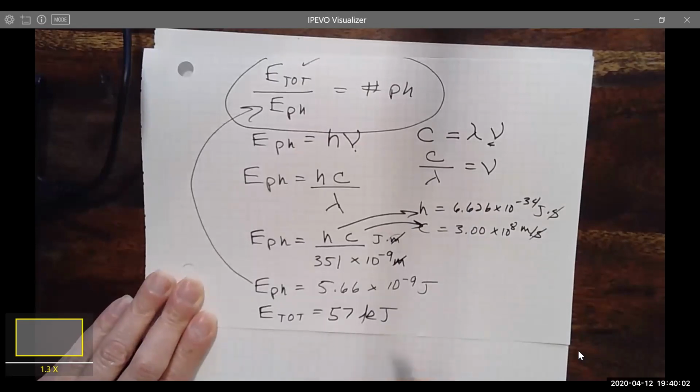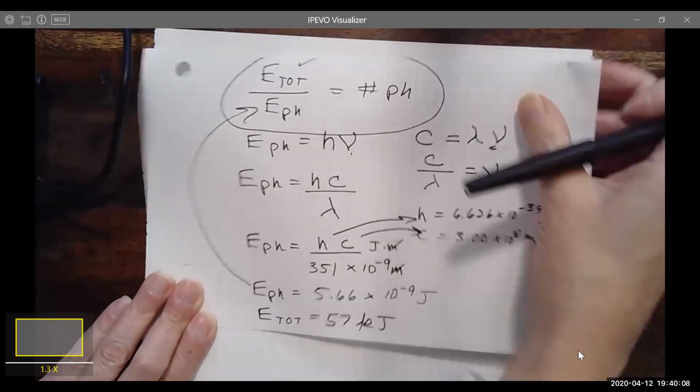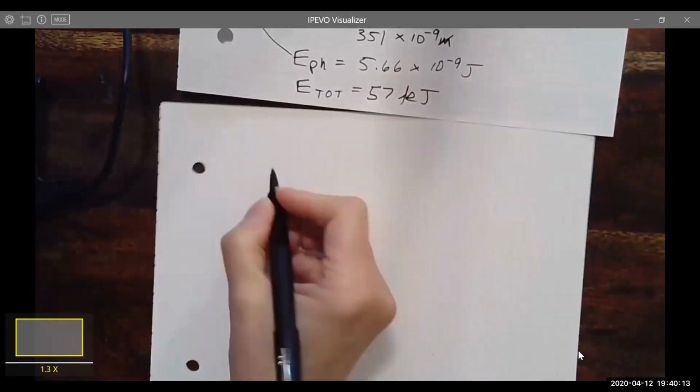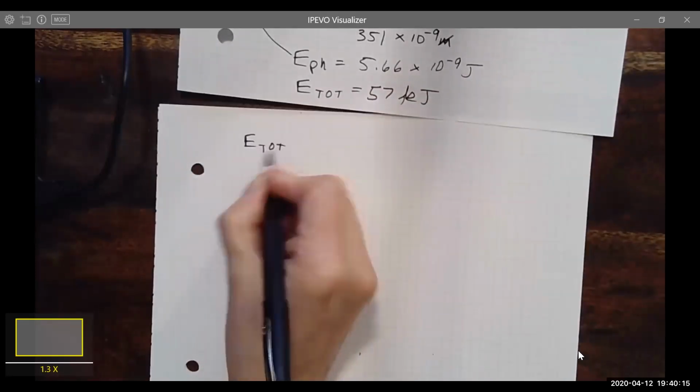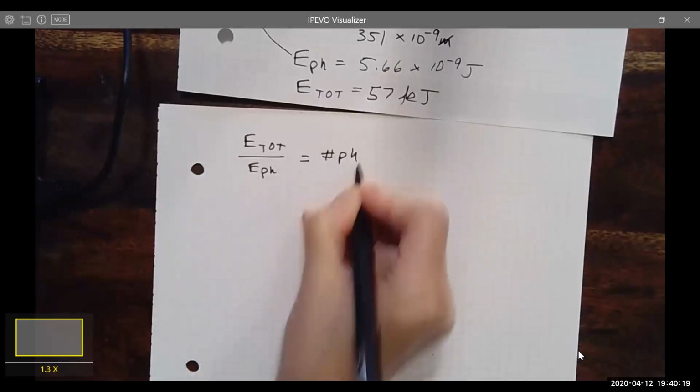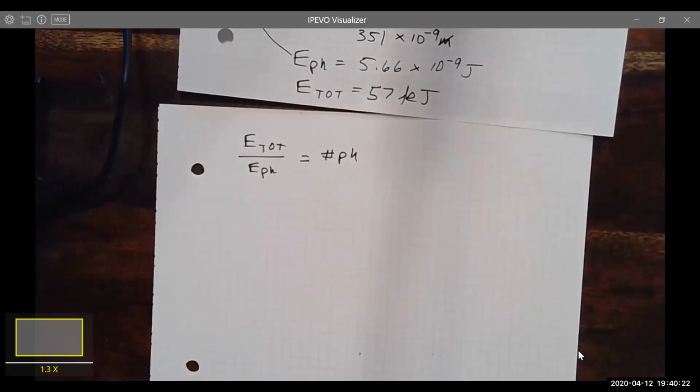There's a little issue here in that we have a kilojoule here and just a joule here. So we're going to have to take care of that. So I'm going to go up to that top equation. I'll recopy it here for a second. Energy total divided by energy of a photon is equal to the number of photons. My energy total is that 57 kilojoules.